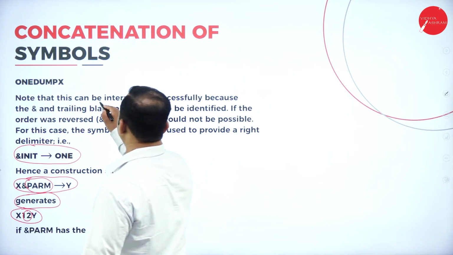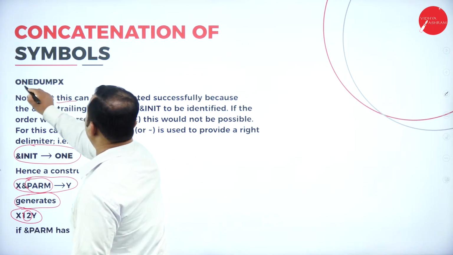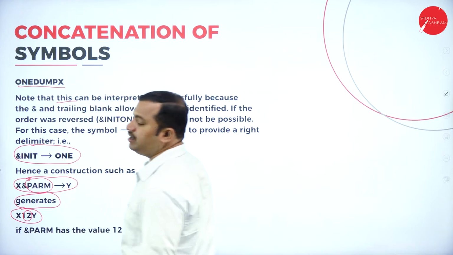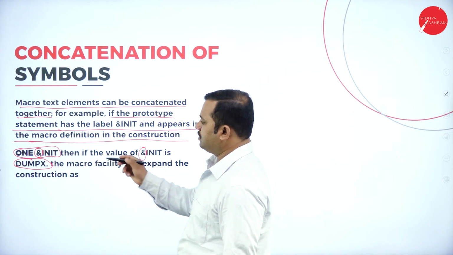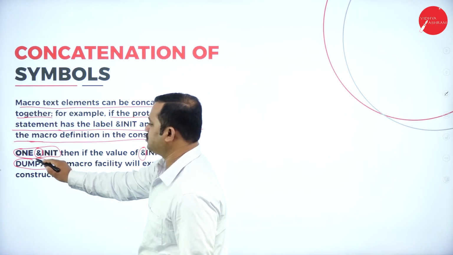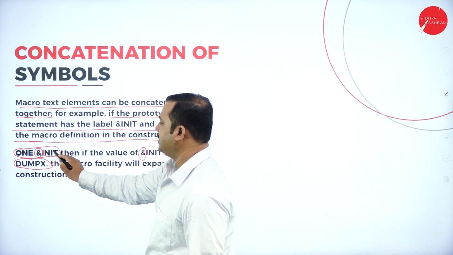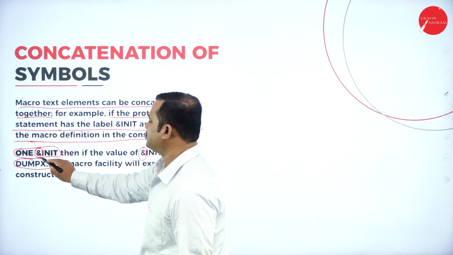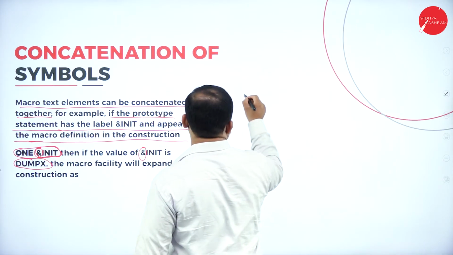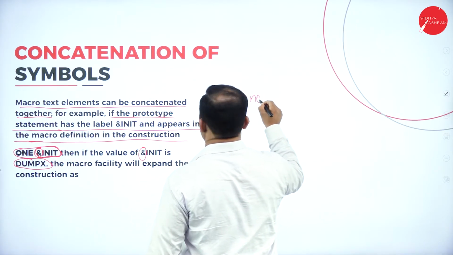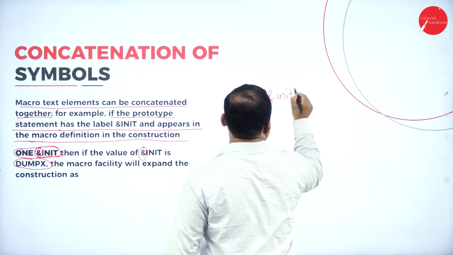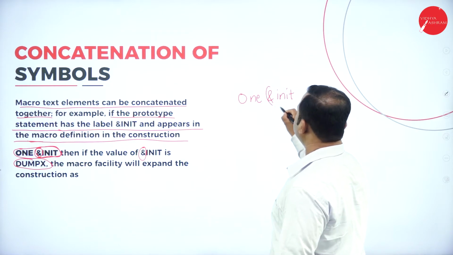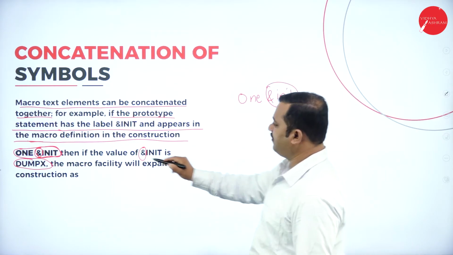See here, 1 dump x is a symbol which you have come across. Here, dump x is used, 1 &init. In place of &init, I have this 1. In place of this &init, I have this dump x.